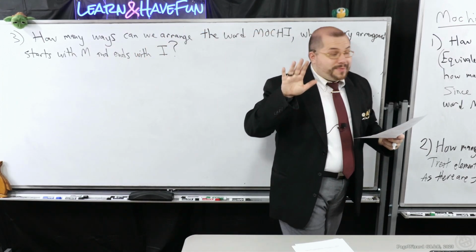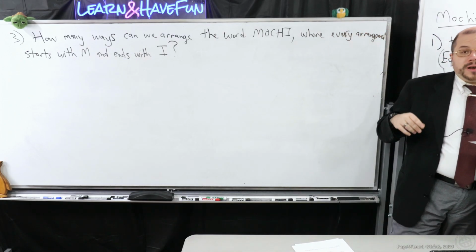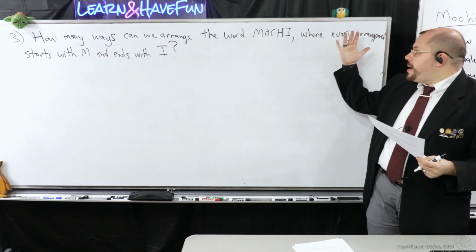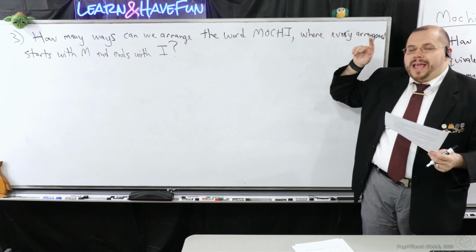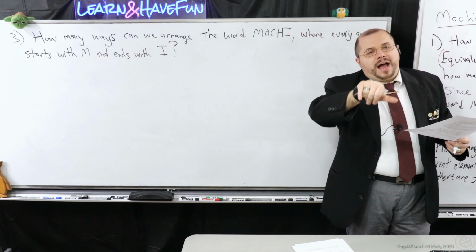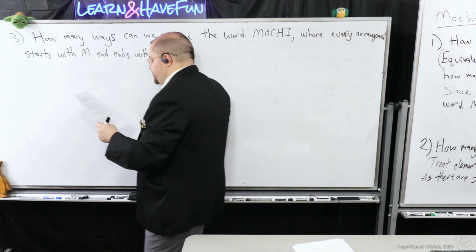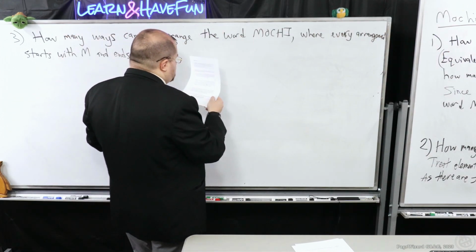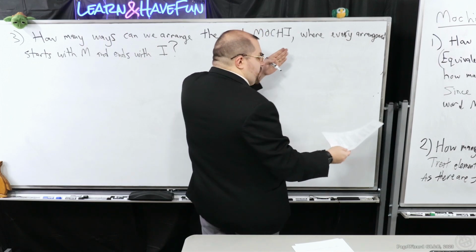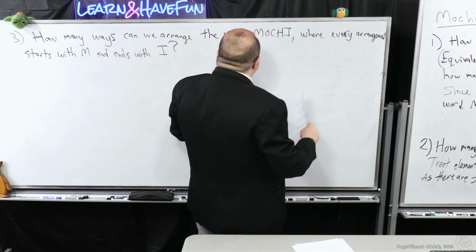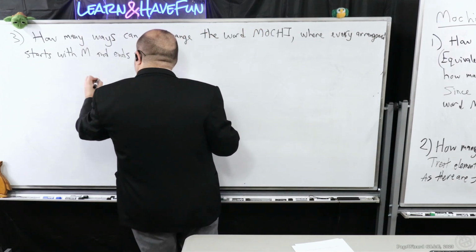So now we're considering the scenario where I want to know all possible ways that you can arrange the word mochi, but M has to be the first letter, I has to be the last letter. So let's pick up the same principles that we did over here and think about it.